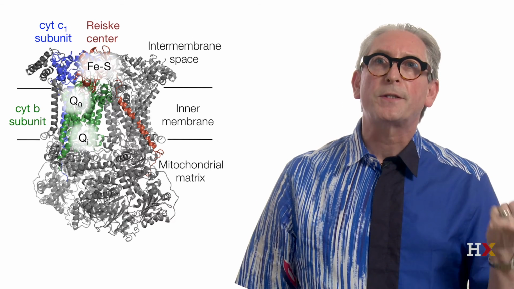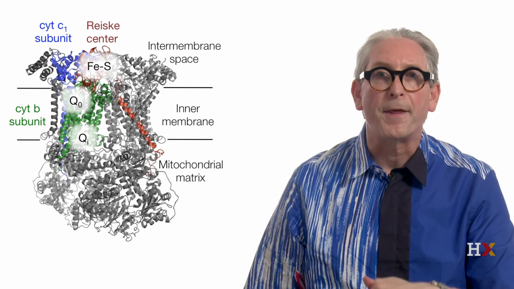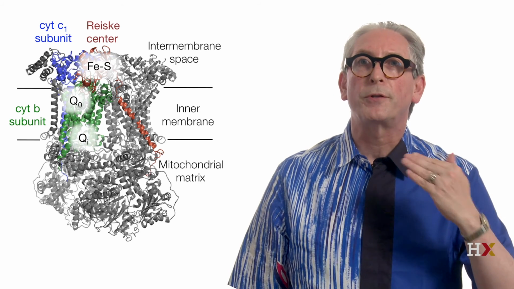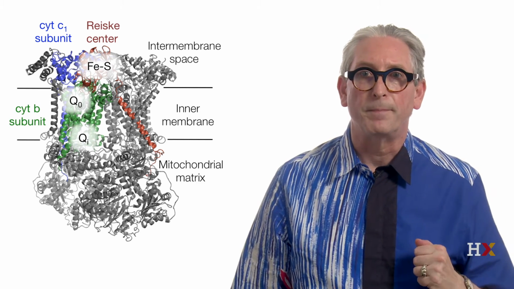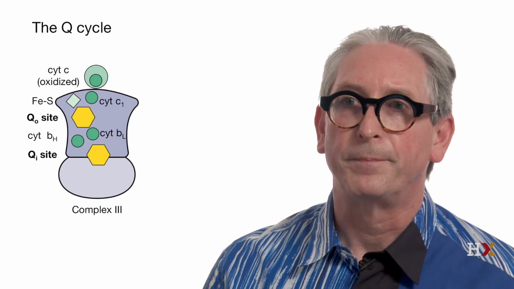Complex 3 solves this problem by having 2 separate paths for the electrons that will lead to the production of 2 molecules of reduced cytochrome C. The Q cycle also provides a mechanism to transport additional protons across the inner membrane of the mitochondria.